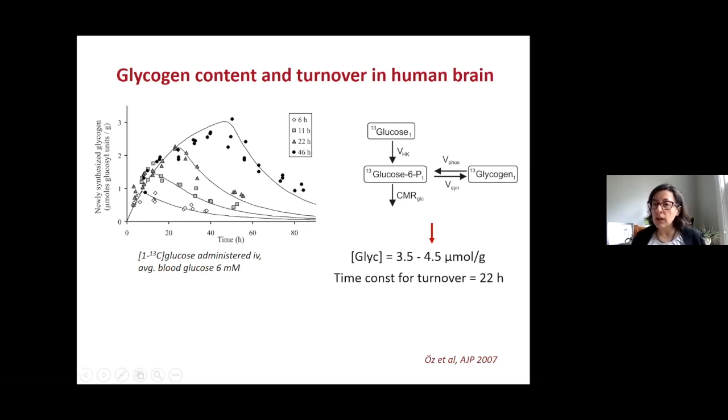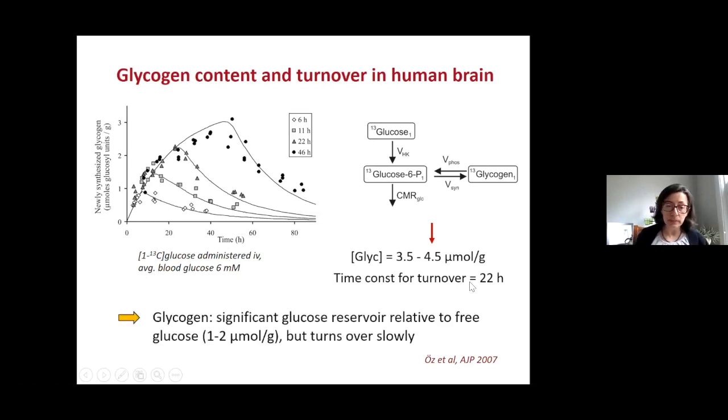And then we got a time constant for turnover that was almost a day. That means to turn over the entire pool would take 3 to 5 days.